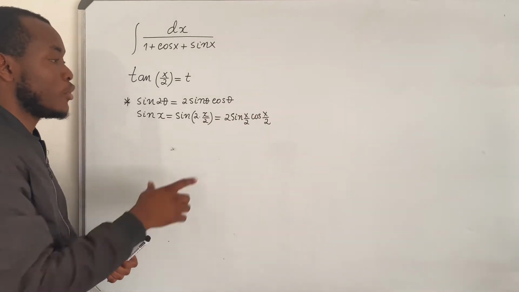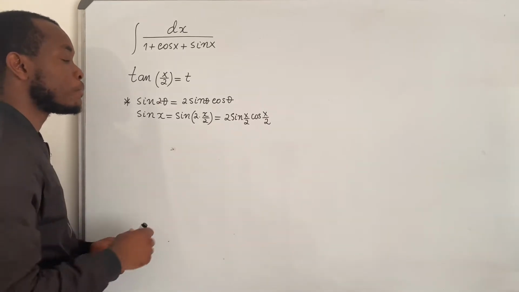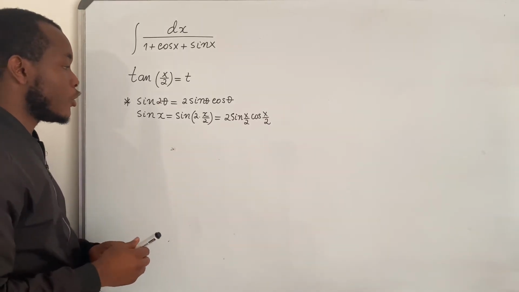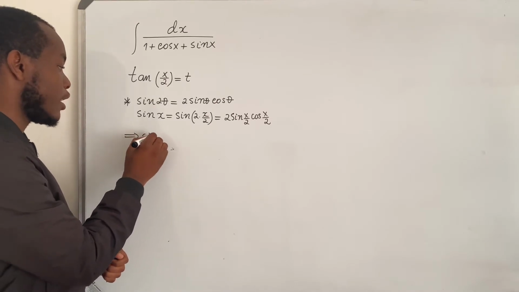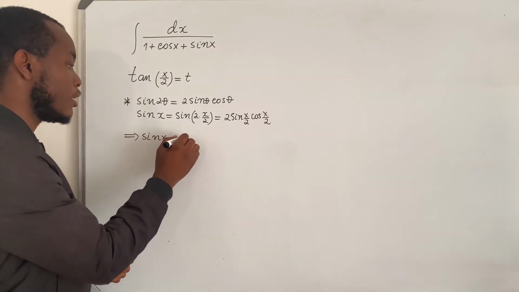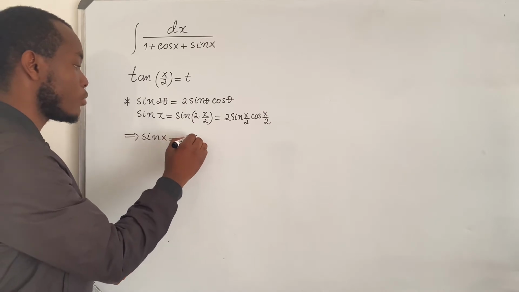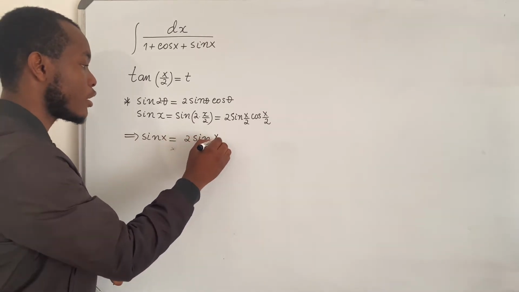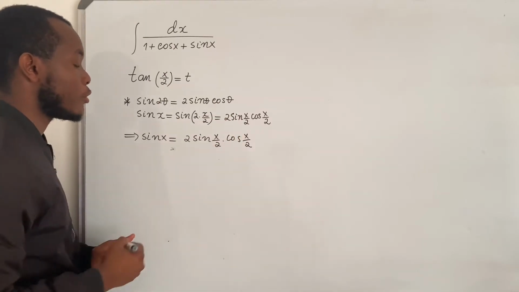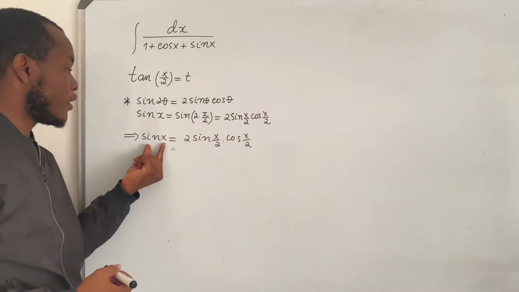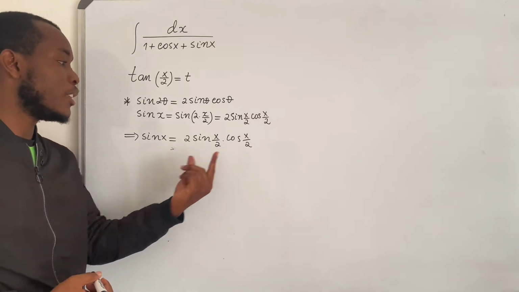Now, I can say that sine of x is therefore equal to 2 sine of x over 2 times cos of x over 2. So we have that sine of x is equal to this expression.